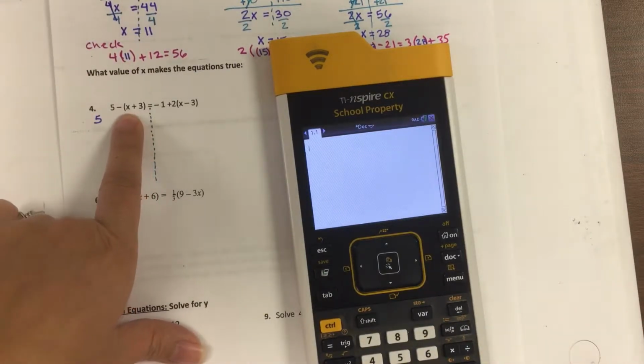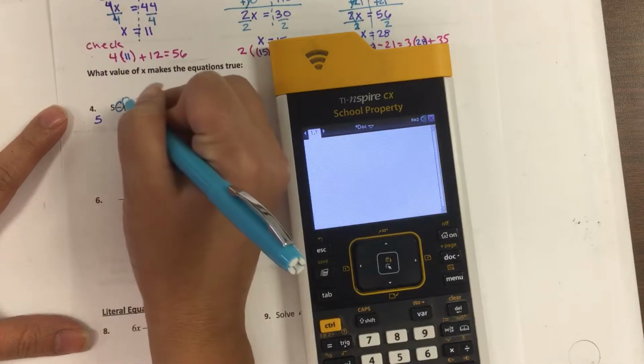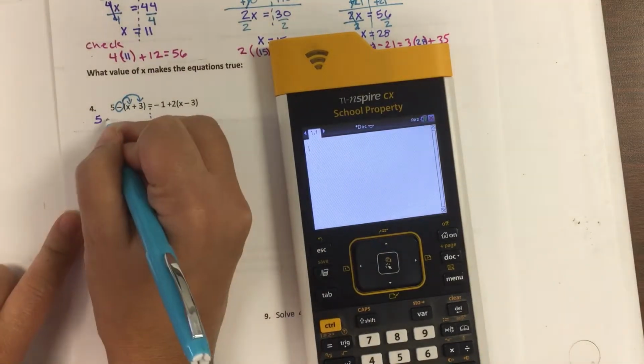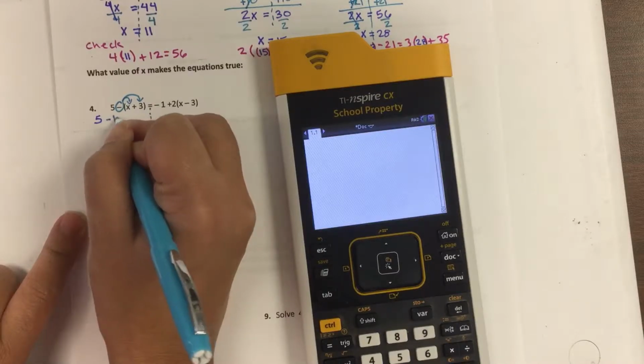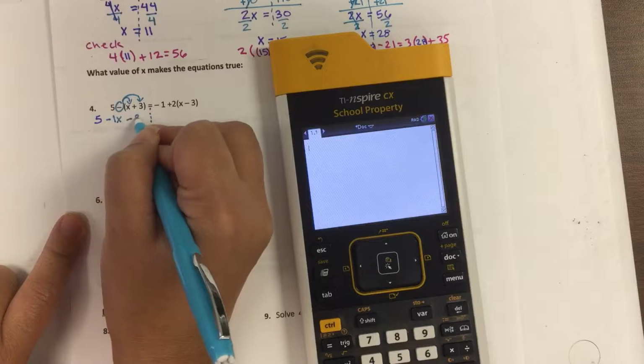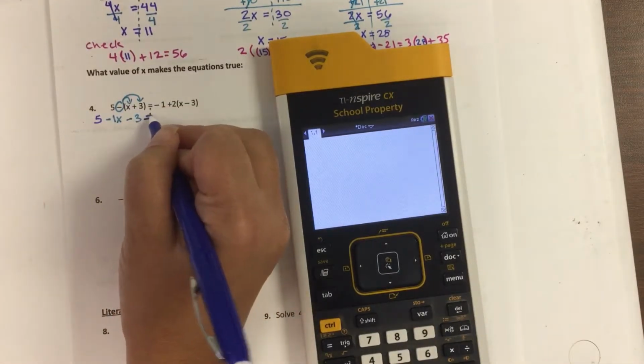But immediately in front of the parenthesis, I do have a negative. So this is like multiplying everything inside by a negative 1. So we have a negative 1 times x gives us a negative 1x. Negative 1 times 3 is a negative 3. I'm going to bring down my equal sign.